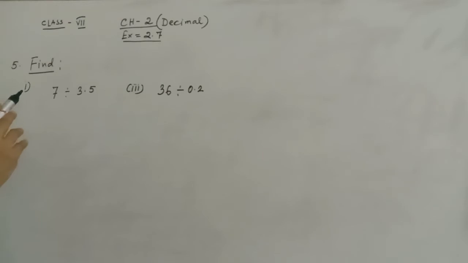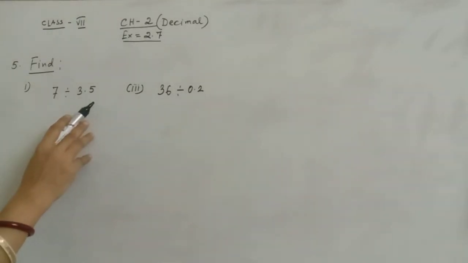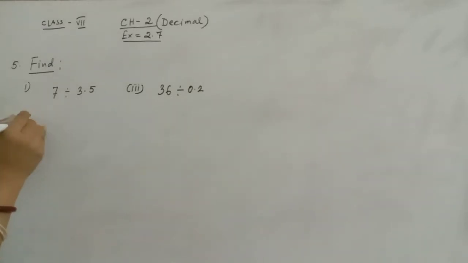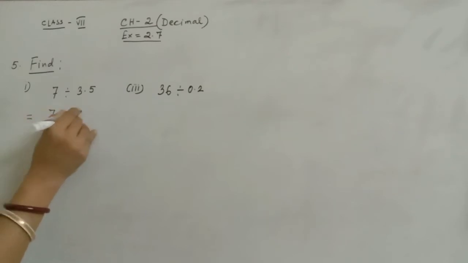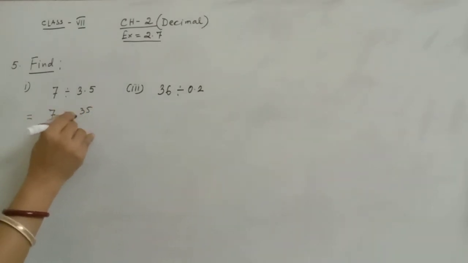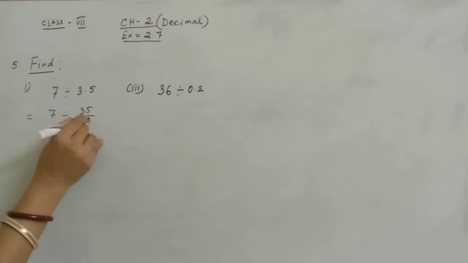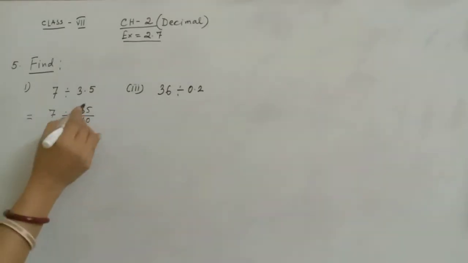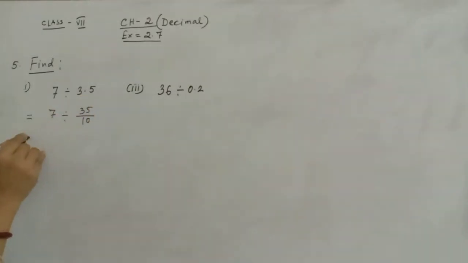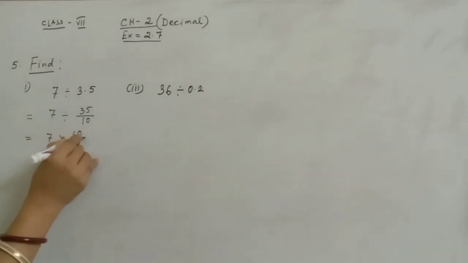Now question number 5. You have to divide a whole number by a decimal number. We have done this kind of sums before also. 7 divided by 3.5, that means after 1 place of decimal, so 10, you have to write 10 because it is the tenth place. Now make the reciprocal: 7 into 10 by 35.